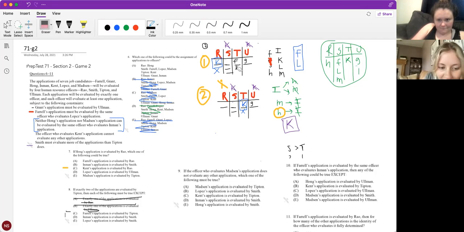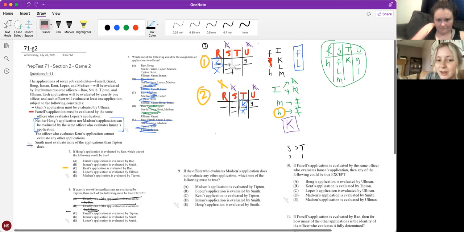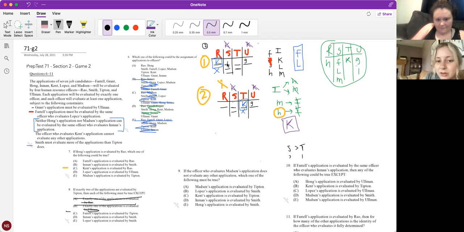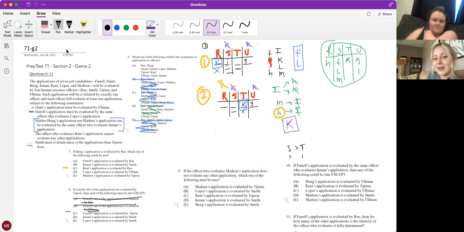And then the other one, I's application is evaluated by S. So you could put I there. Then you could put F and L. Yep, and then you'd put H and M. And then L is the same thing. Excellent. Okay, this is starting to make more sense.